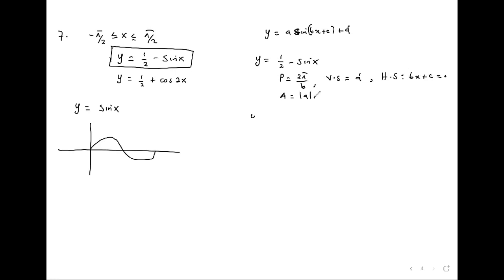So in this case, our question is half minus sine x. So the period is 2 pi over 1, which is 2 pi. The vertical shift is half, and the amplitude is the modulus of -1, which is 1, and then there's no horizontal shift.